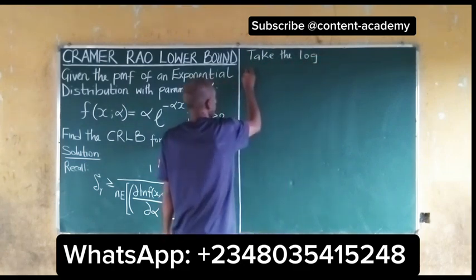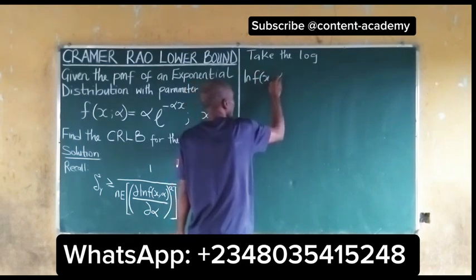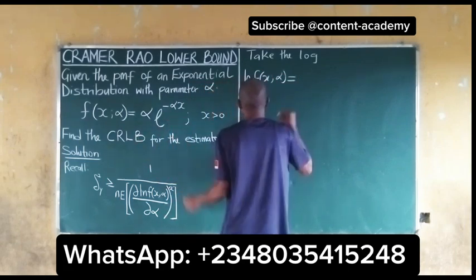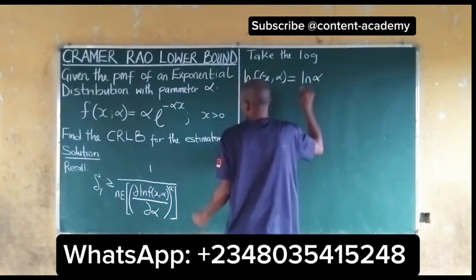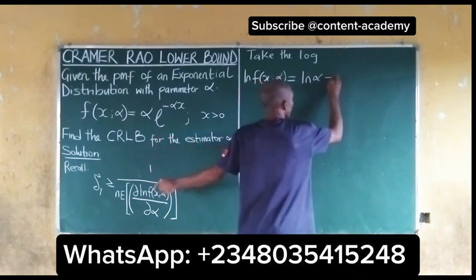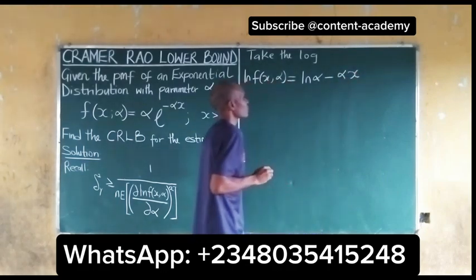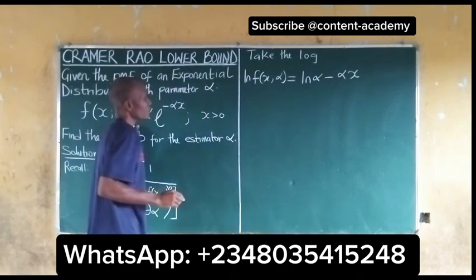Taking the log, we have ln f of x, alpha equal to ln alpha. If we take the log of an exponential distribution, we get negative alpha x. So this is what we get if we take the log of the function given.